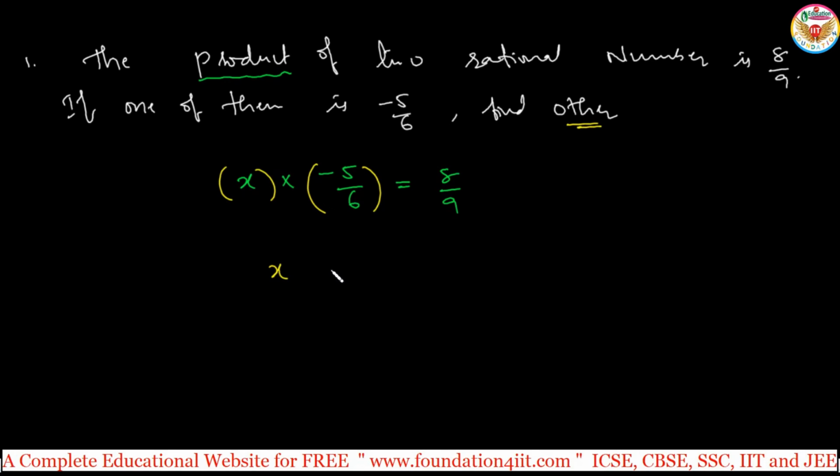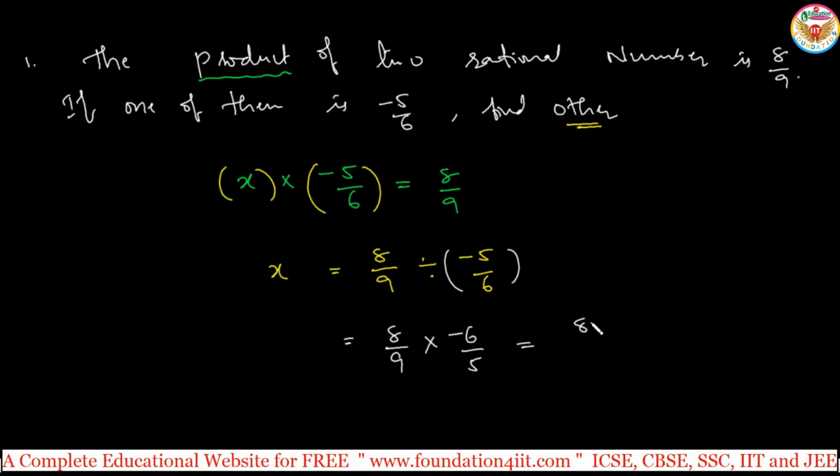So x into minus 5 by 6 equals 8 by 9. Taking it to the right side, multiplication becomes division: x equals 8 by 9 divided by minus 5 by 6. In place of division, multiply by the reciprocal, so minus 5 by 6 becomes minus 6 by 5.